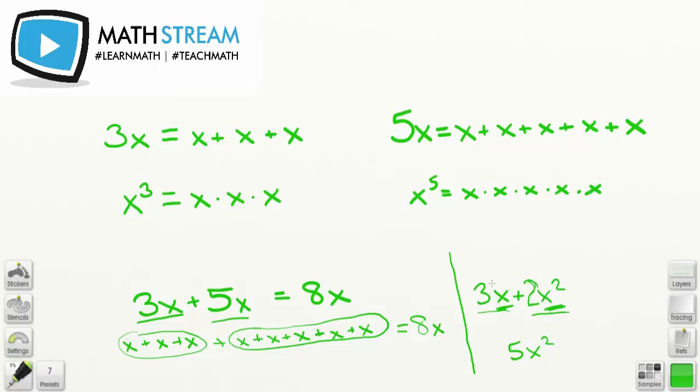The reason that they're so different is because of how we define them. 3x, we said, would be like x plus x plus x. 2x squared would be x squared plus x squared. We have 2 x squareds. So if I take 3 x's and 2 x squareds, can I put them together?